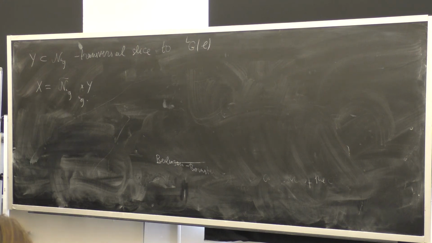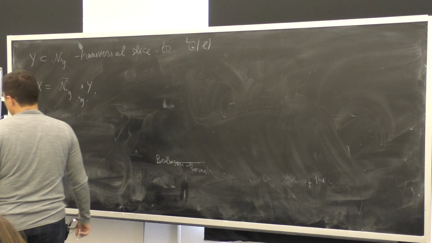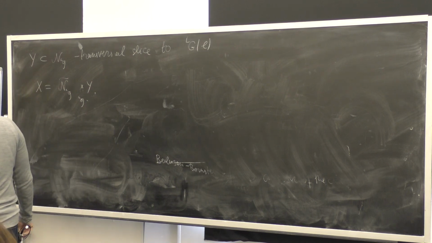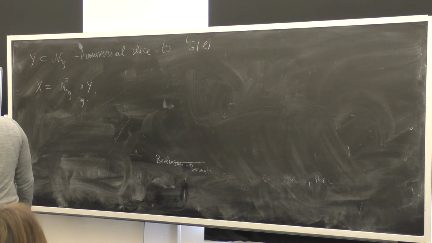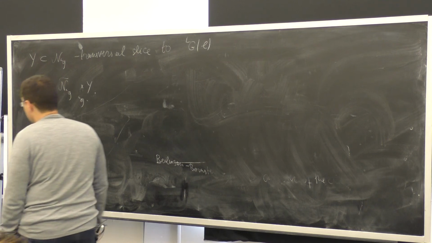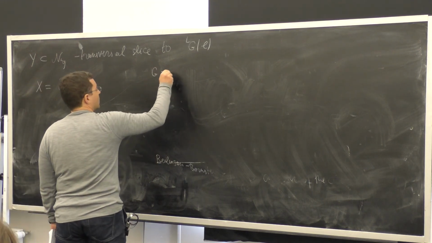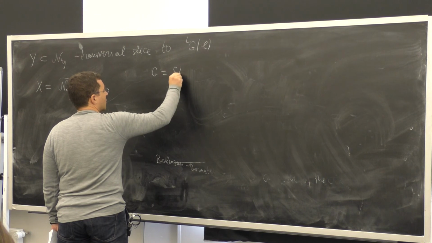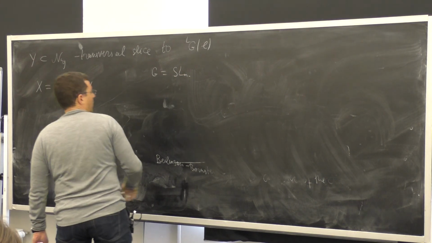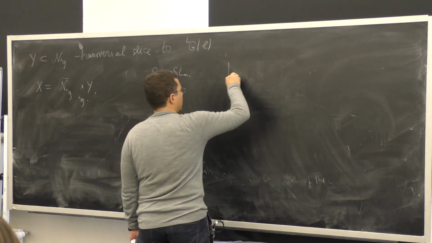Well, to make it really concrete, let's take G to be like SLN, and the parabolic P to be like this one.